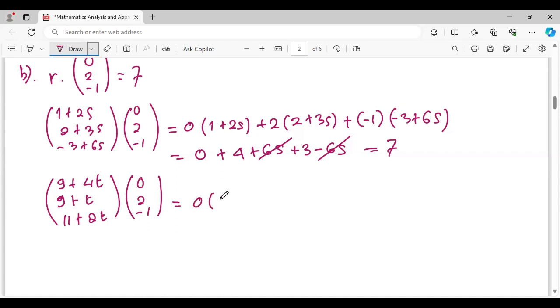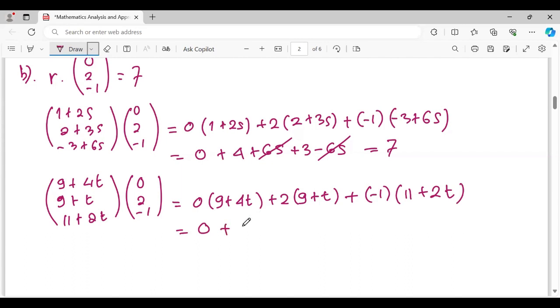It is 0 times (9 + 4t), plus 2 times (9 + t), plus minus 1 times (11 + 2t). That is 0, plus 18 + 2t, minus 11, minus 2t. 18 minus 11 is 7.